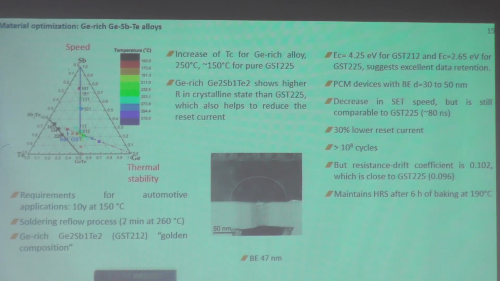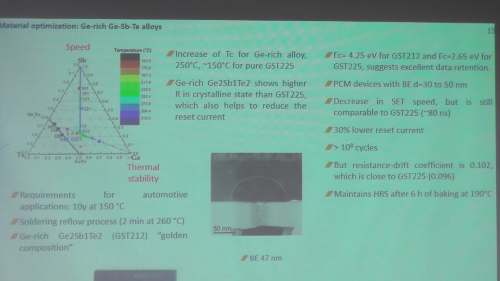So now also one interesting material, this is germanium rich GST material. Why was it tested? Because germanium rich materials can improve the overall thermal stability of this GST alloy.